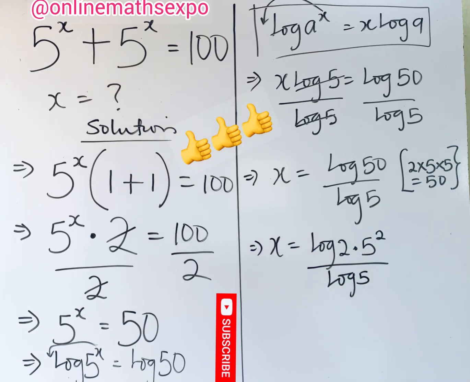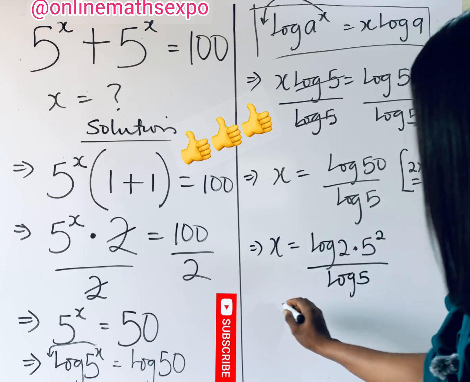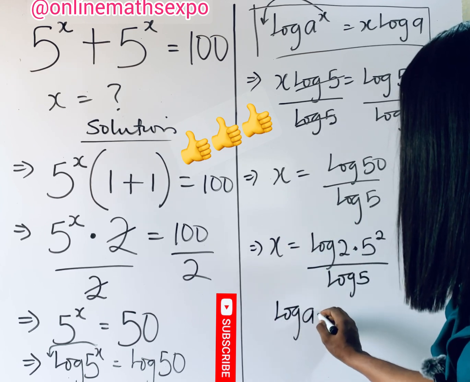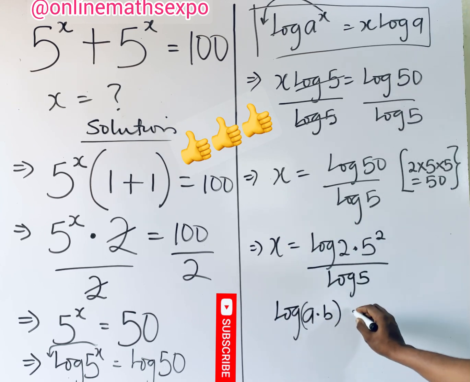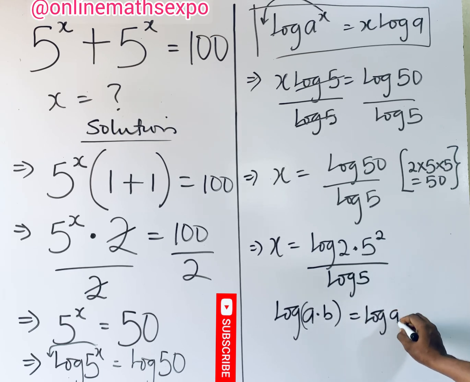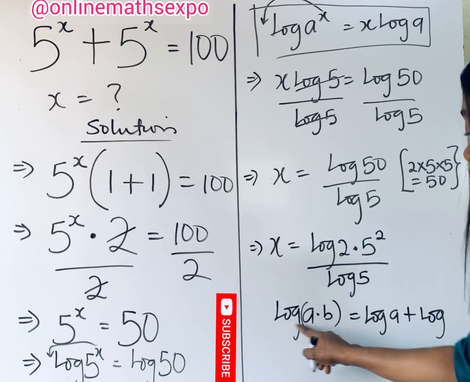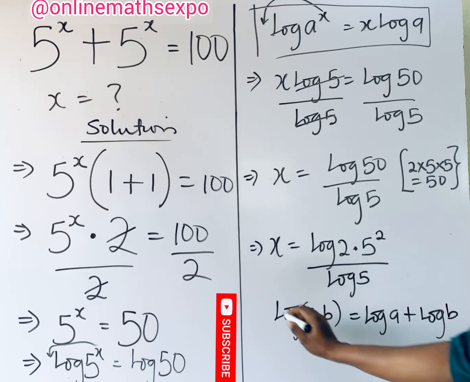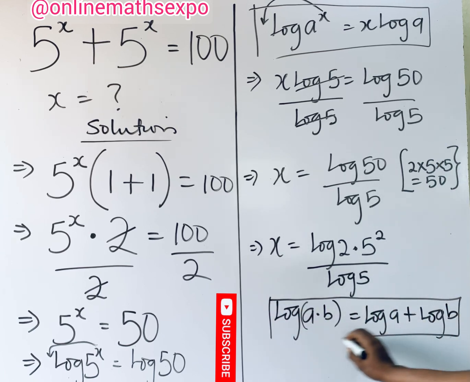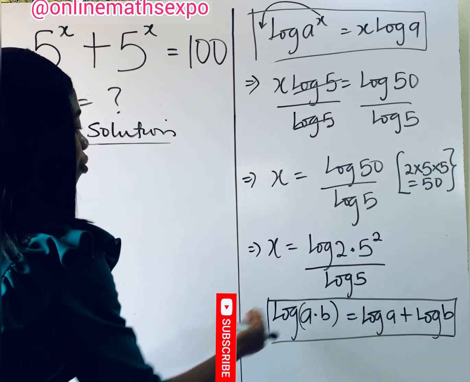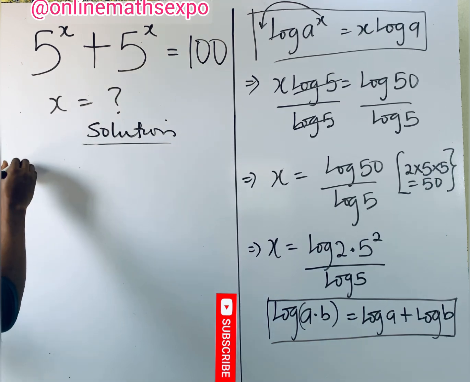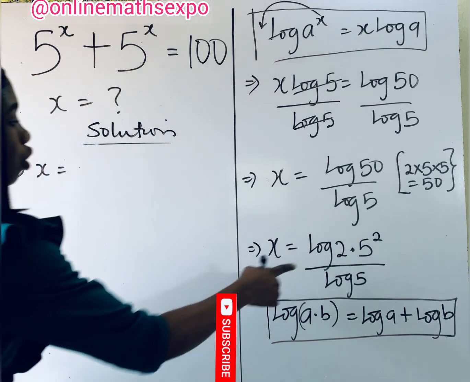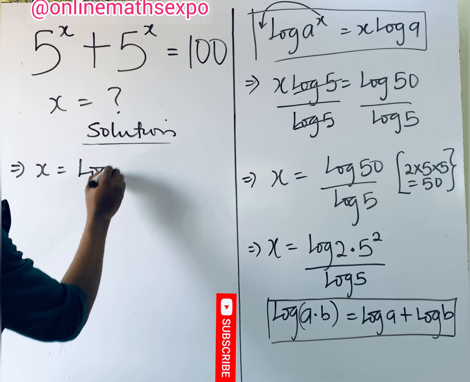Now what do you do next? Just quickly remember that each time you have log of a multiplied by b, it is the same as log of a plus log of b. The multiplication turns to addition. So we are going to apply this formula to simplify this. From here we have x is equal to log of 2 times 5 to the power of 2, divided by log of 5.